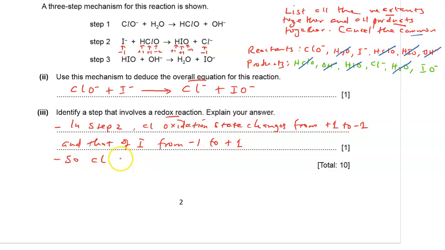So chlorine is reduced, it has gained electrons, and iodide has lost electrons, and therefore it is oxidized. So this is a redox reaction, oxidation and reduction.